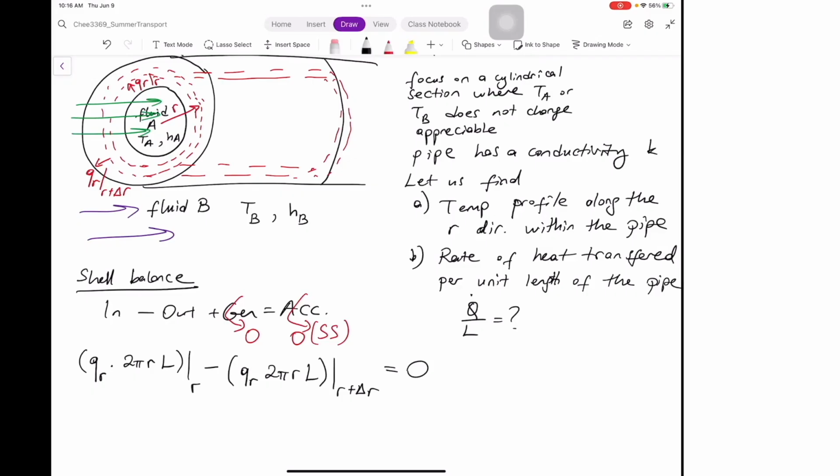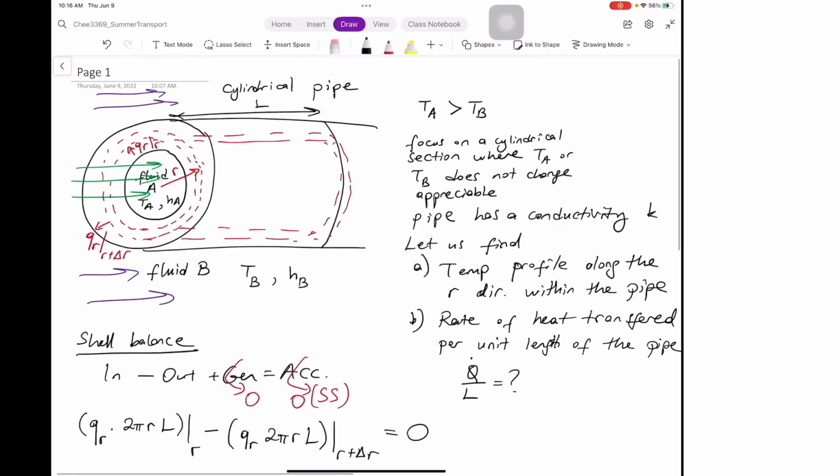Now, a very important point here is that you can ask, how do you know that the QR is along the plus r direction? Maybe TB is hotter than TA, and the heat is flowing from the B fluid side towards the inside. Well, although it's given in the problem that TA is larger than TB, you can always take it, even in the case where TB is larger than TA, as if QR is coming out, because the sign of the QR is going to tell you whether it's going out or getting in.